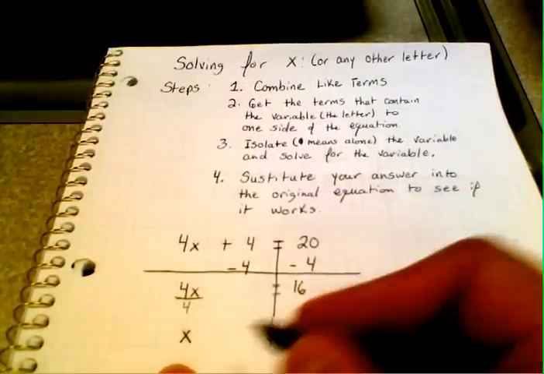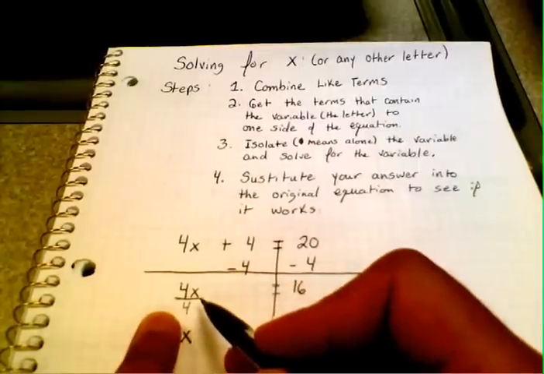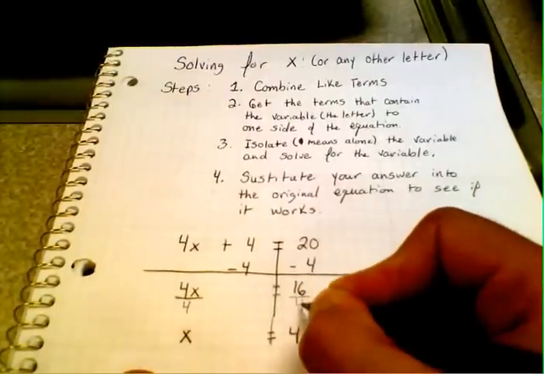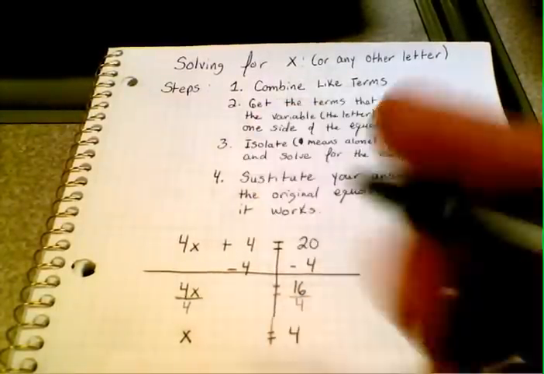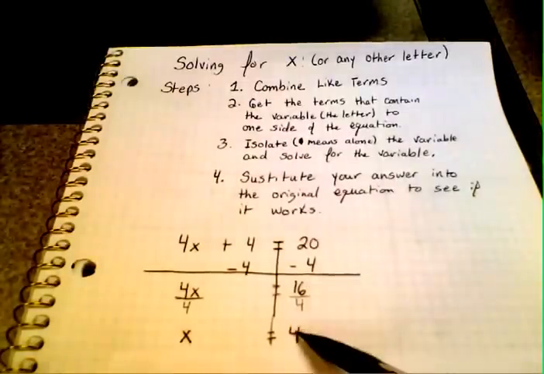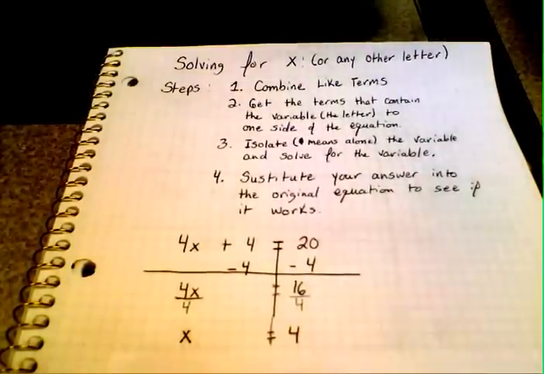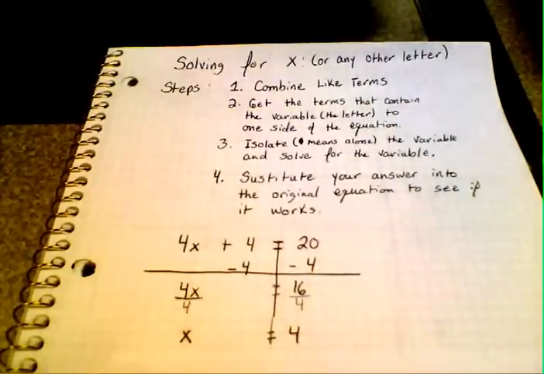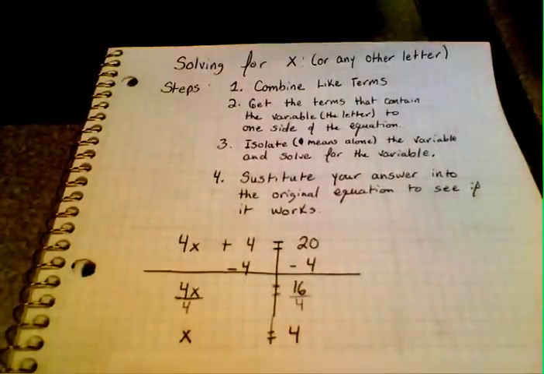If I divide by 4 on the left, I'm going to divide by 4 on the right. Whatever I do to one side, I have to do to the other. And I know that 16 divided by 4 is 4. So there's a couple different ways you can attack it when you get down to the variable that you've isolated.